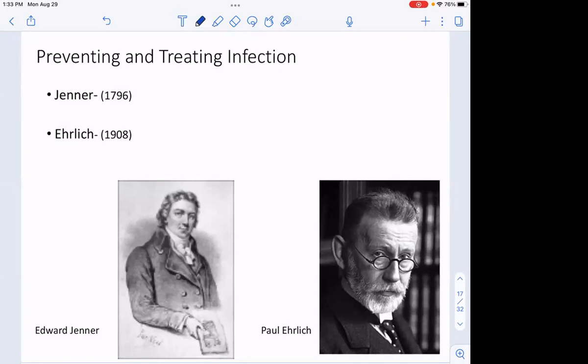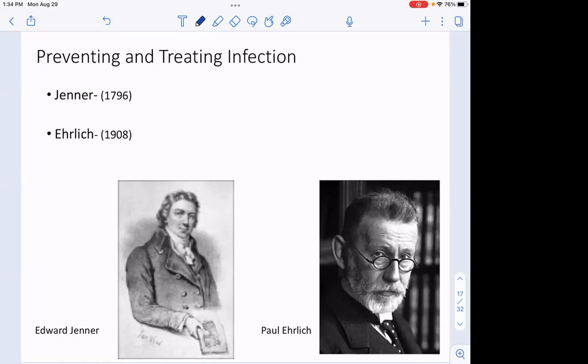Who knows what that first vaccine cured? Smallpox, yes. And in the news a little bit lately because monkeypox is related to smallpox. Smallpox carried about a 30% mortality rate, so huge scourge for hundreds of years.